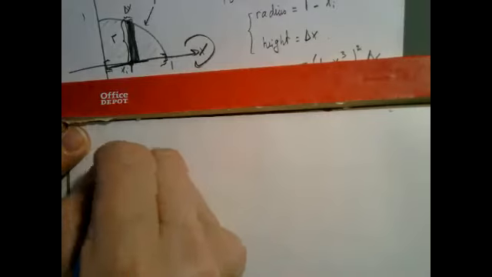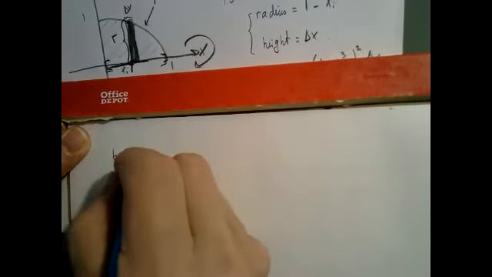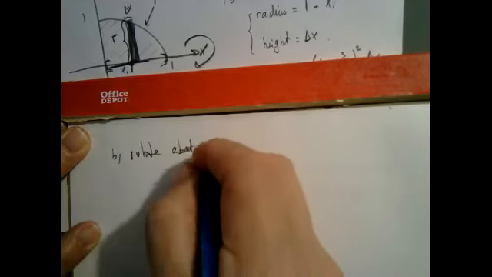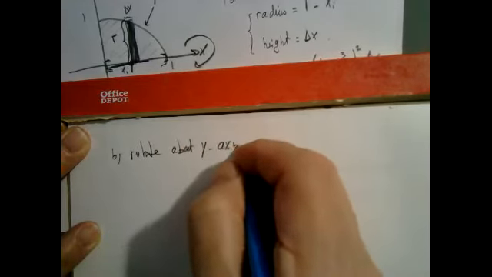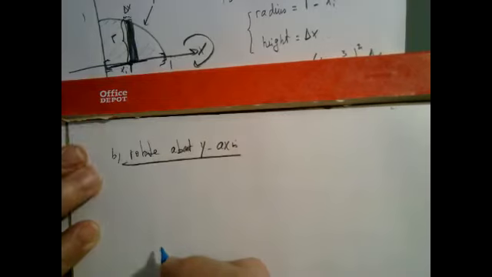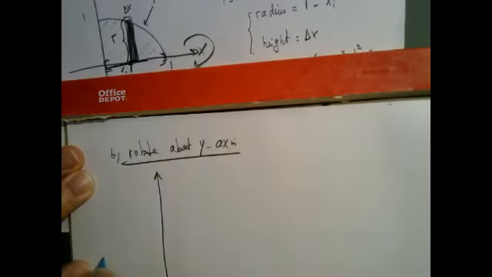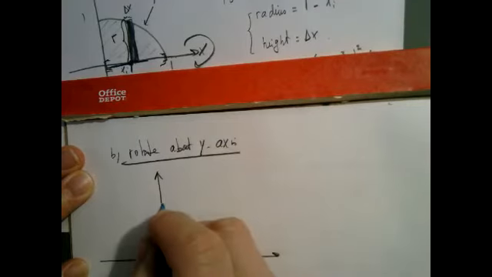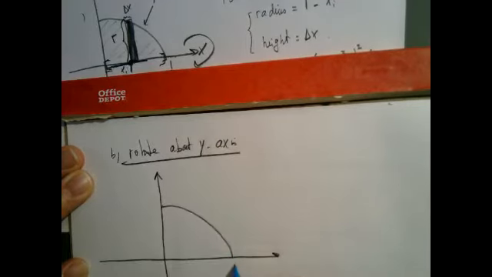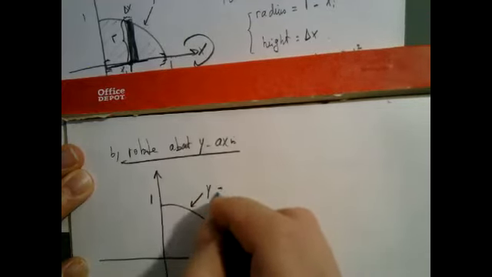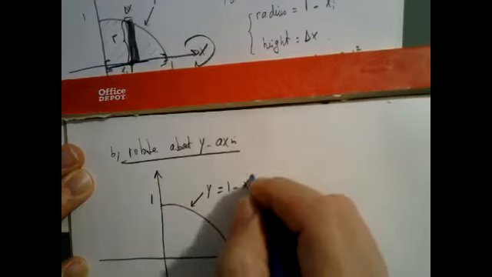So now part B is to rotate around the y-axis. The same region, but we're going to change the rotation. The curve is y equals 1 minus x cubed.